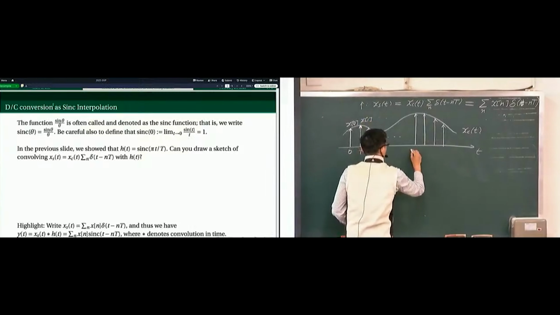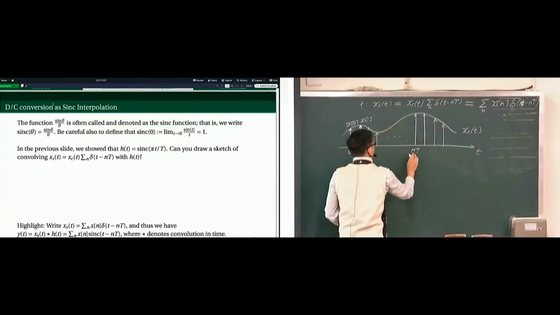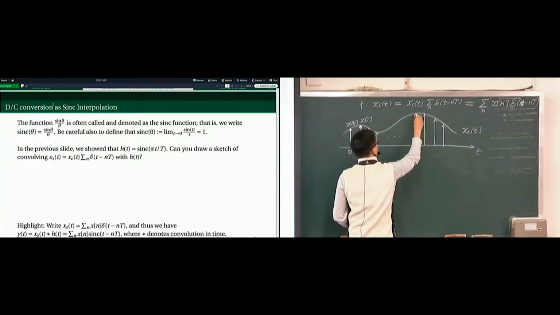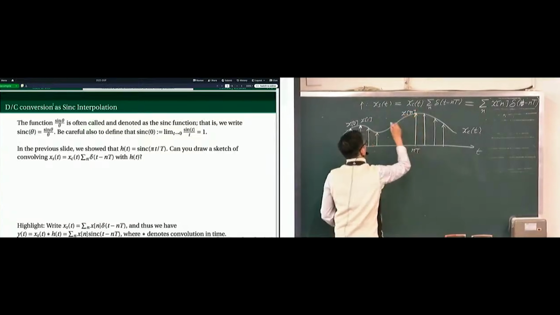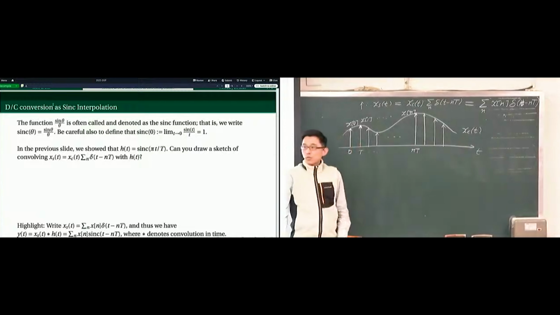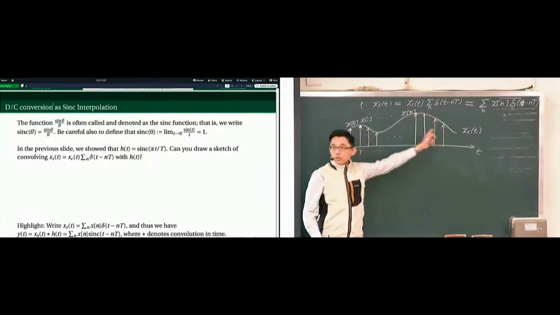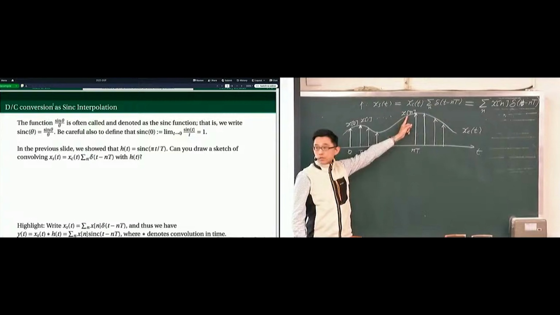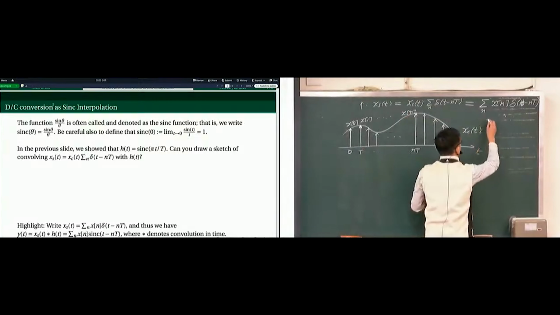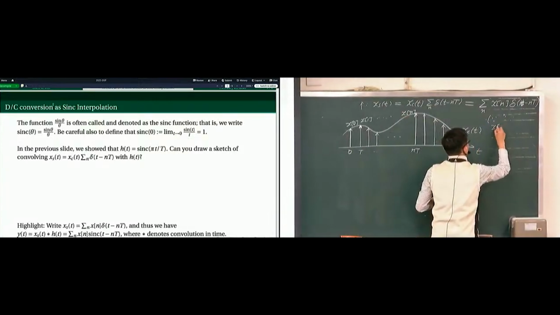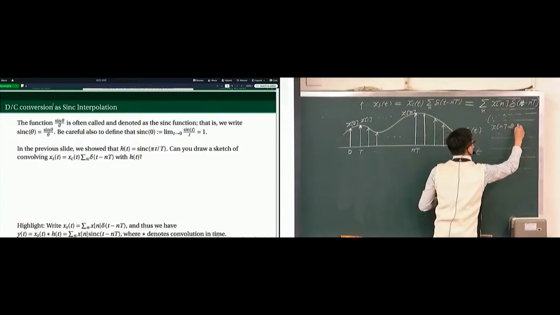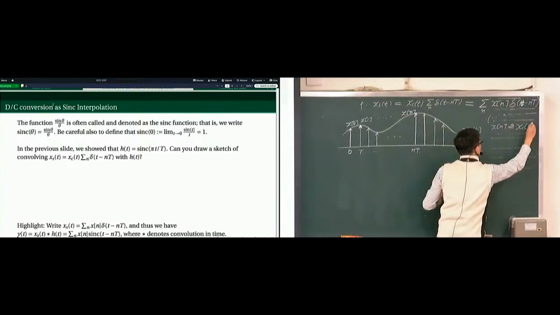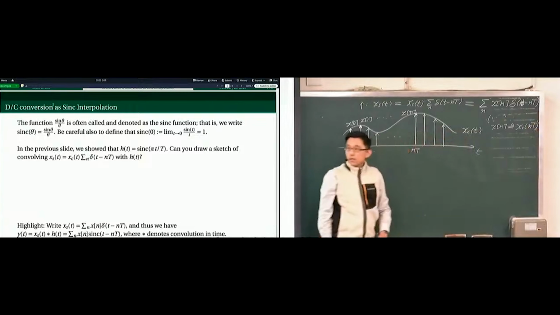And so on: at time n times big T, the height is x[n]. That's how we define sampling. Sampling is to evaluate the signal at integer multiples of T, and x[n] is defined as x sub c evaluated at integer times big T, n being an integer.